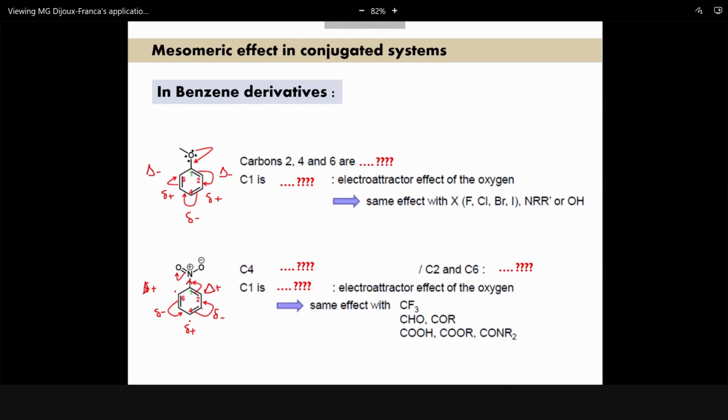And here, what is different is for carbon 1, here, the green one, because it is directly linked to the oxygen, here it's the difference of electronegativity that will play. And carbon 1 will be very de-shielded compared to a carbon bearing a proton. Remember the table. So this carbon will be around 150.